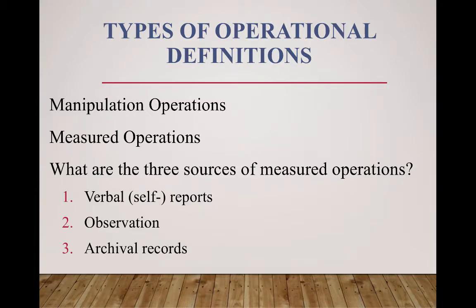So when you look at the sources of measured operations, since you're estimating existing values, you want some way to validate what people are saying. Verbal self-reports are a good one because they're based on answers to questions, which is by far the most common form of social measurement.